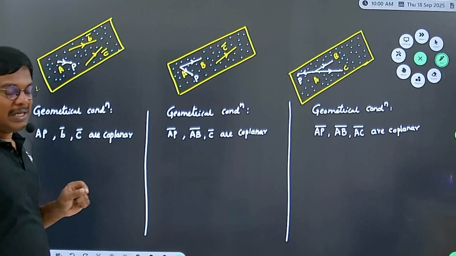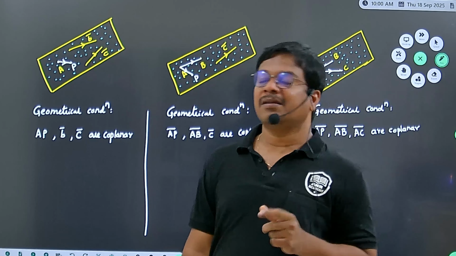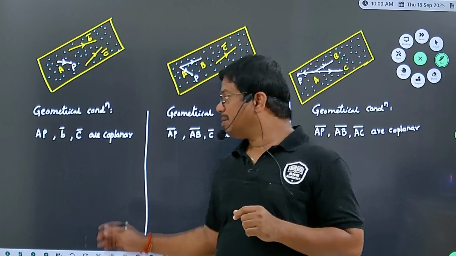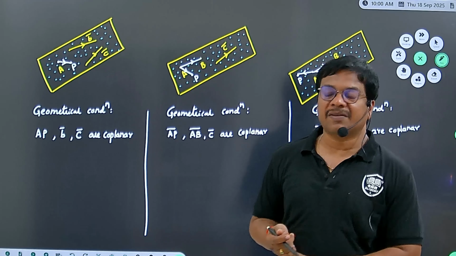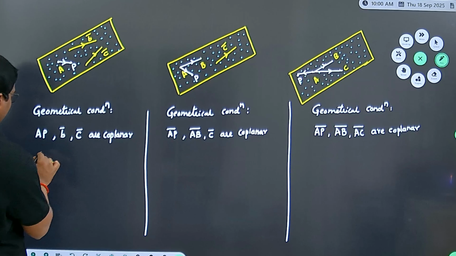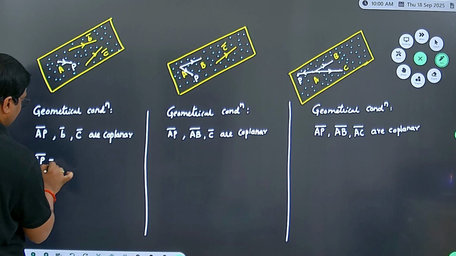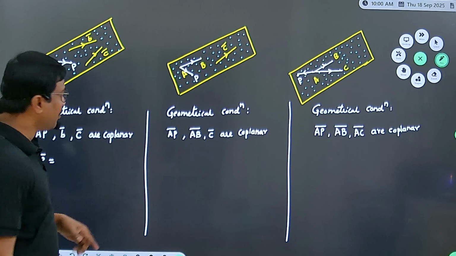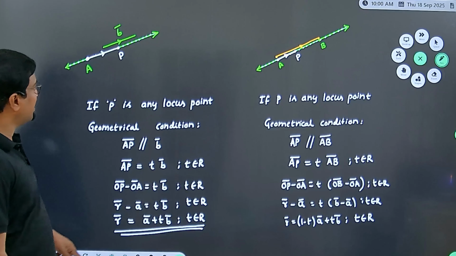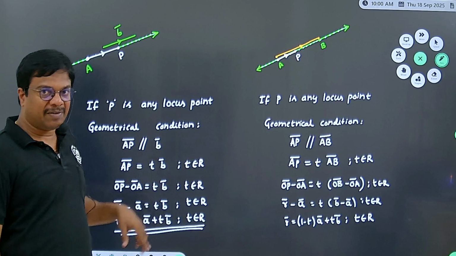We know that when three vectors are on the same plane, then the box product of those three vectors equals 0. Or otherwise, you can write one vector as a linear combination of the remaining two vectors. In the previous case, only two are parallel, which implies one can be written as a scalar multiple of the other.